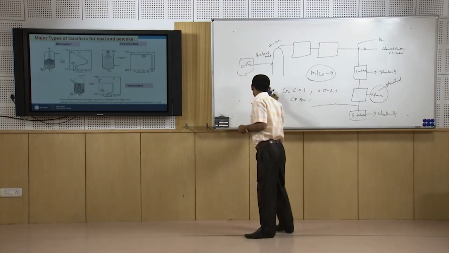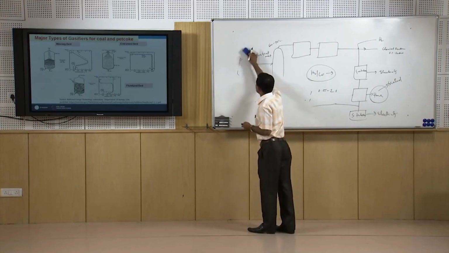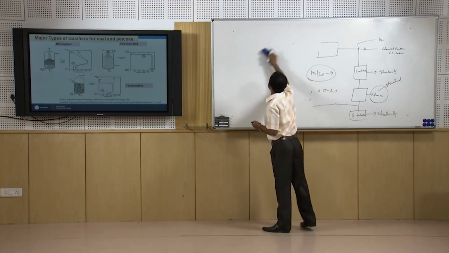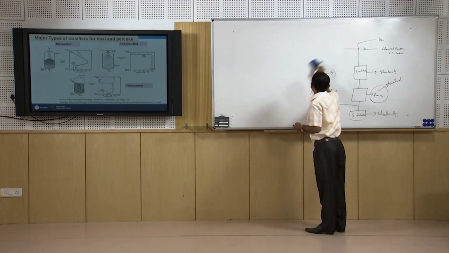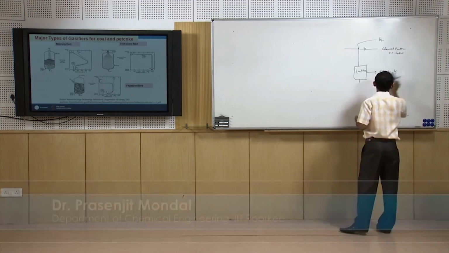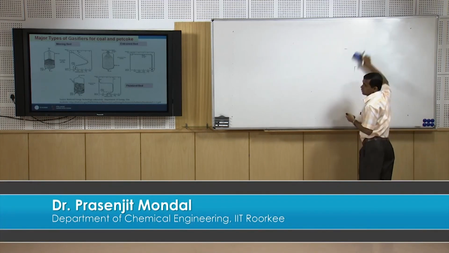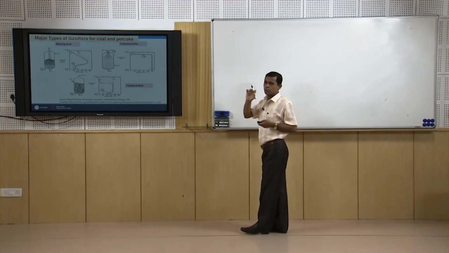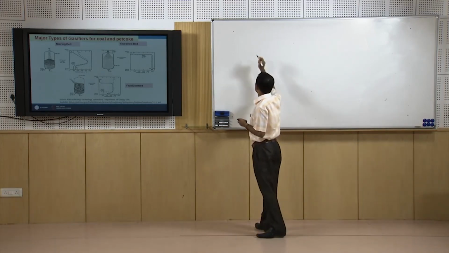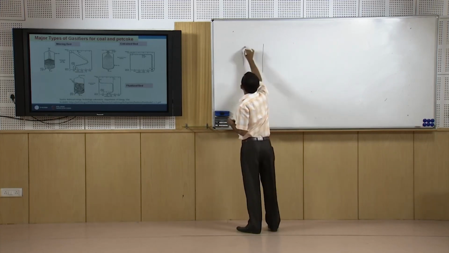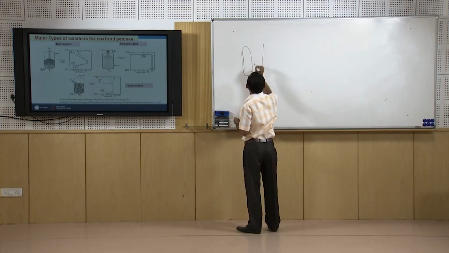now we will see some important types of gasifiers used in coal gasification: fixed bed, fluidized bed and entrained bed gasifiers. If we think about the three gasifiers, let us see the temperature distribution for the fixed bed along the height of the gasifier.